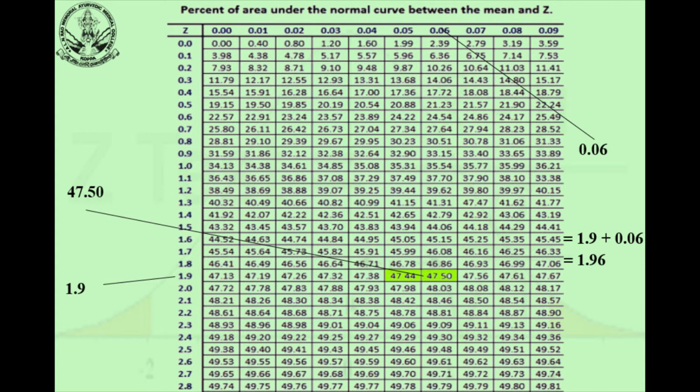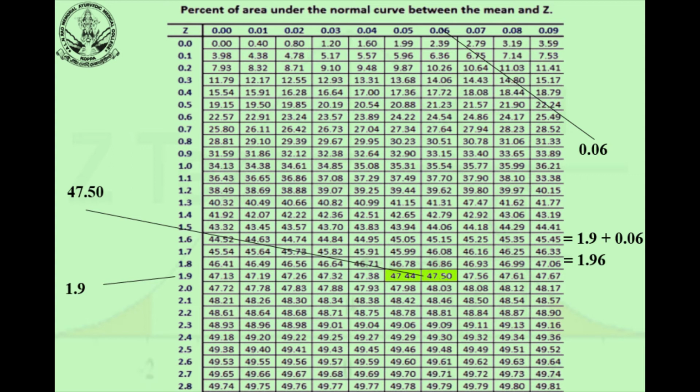For the 95% confidence interval, it's 1.9, and after the point you see 0.06. So 1.9 plus 0.06 is 1.96.